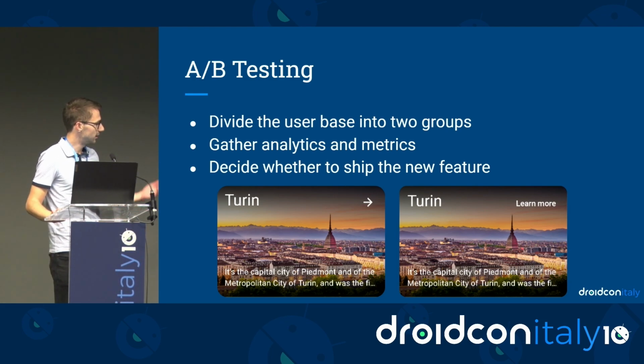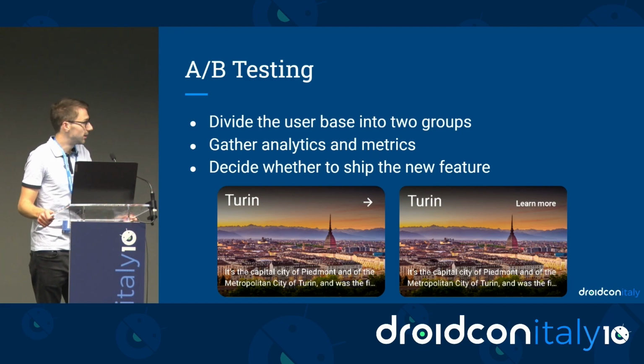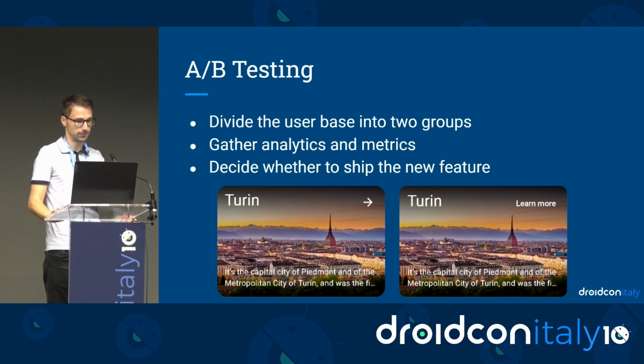On the left it's an icon button, on the right it's a text button, and then you can run an experiment and see what makes users click on it more. And this is a great way to get decisions based on actual data, so you can decide whether a feature is useful.